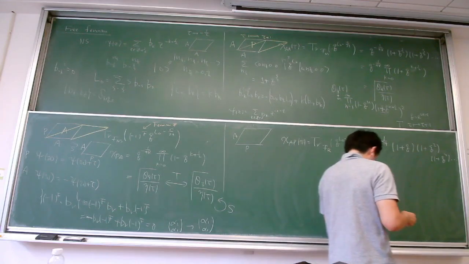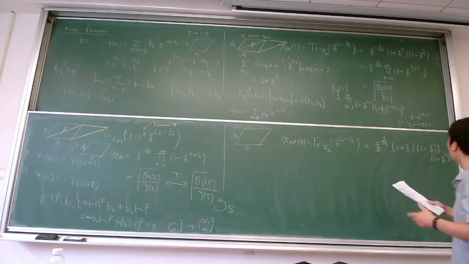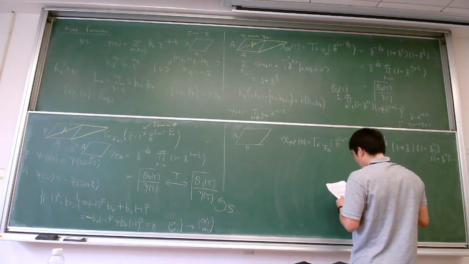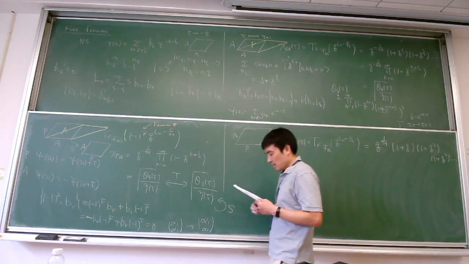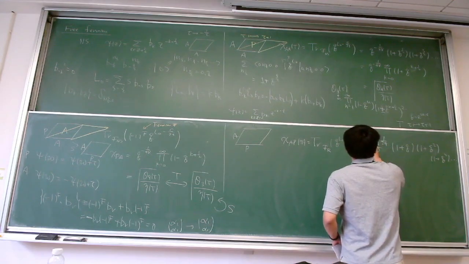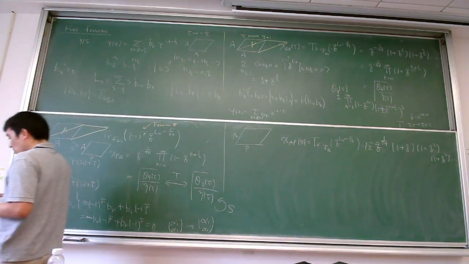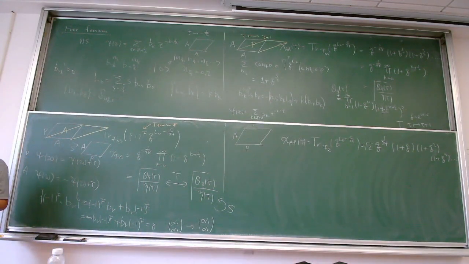So here you have to use... I think this square root 2 really comes from... I think this is indeed multiplied by square root 2. The reason is that it should come from the zero mode. Did I write the computation for square root 2 in the lecture notes? I think presumably not.